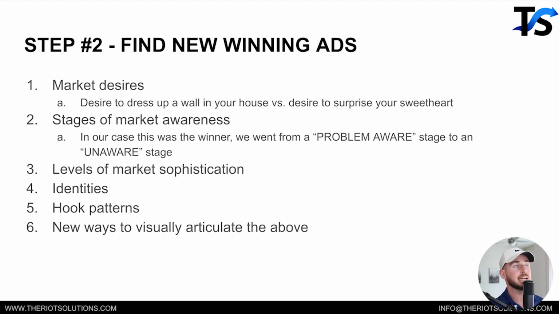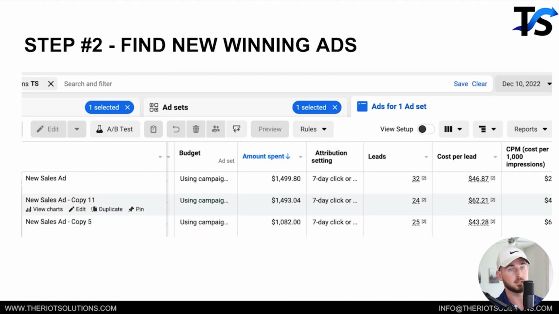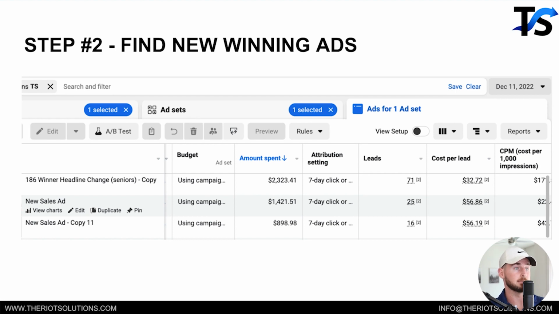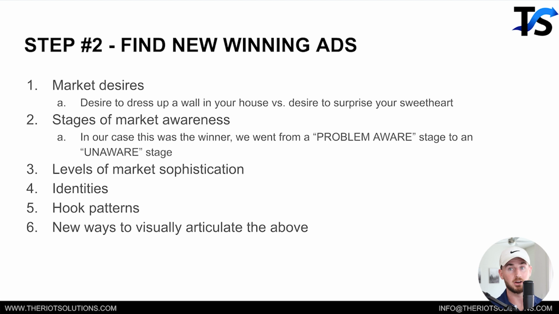Now, the next one is stages of market awareness. In this particular case, with this ad right here, we went from like a $46 CPL all the way down to a $32 CPL for our winning ad. All we did was change our market awareness. We realized our market had been in the problem stage, spending $15,000 a day for months.